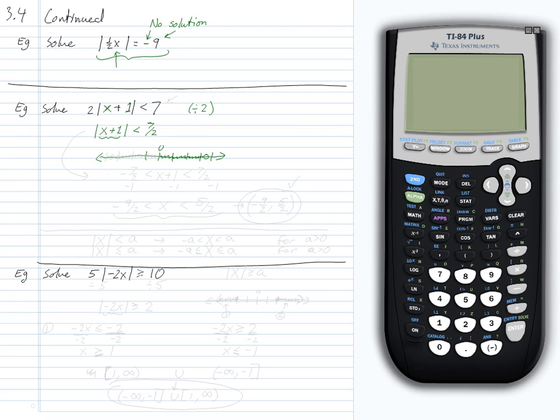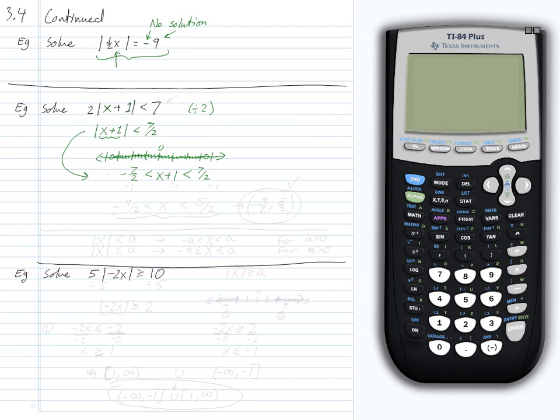And in the other direction, negative 7/2. So any number in this interval has a magnitude less than 7/2, has an absolute value less than 7/2. So the resulting idea says that our expression x plus 1 is trapped by positive 7/2 on the high end and by negative 7/2 on the low end.